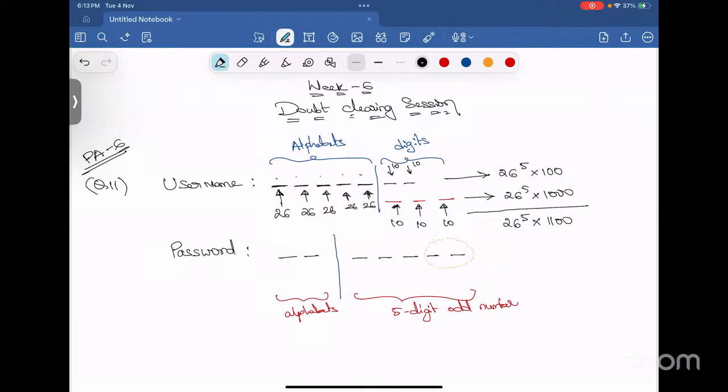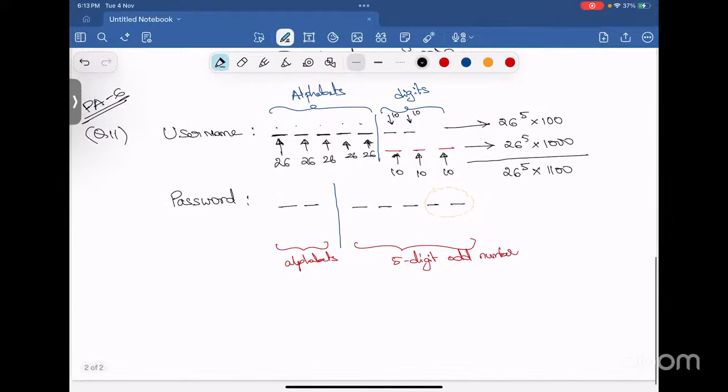So if you see option C, if he chooses David343 as his username, now he cannot use D, A, V, and I. So among the 26 letters that he can choose for his password, he cannot choose these 4 letters, and he can choose any other letter apart from these 4.